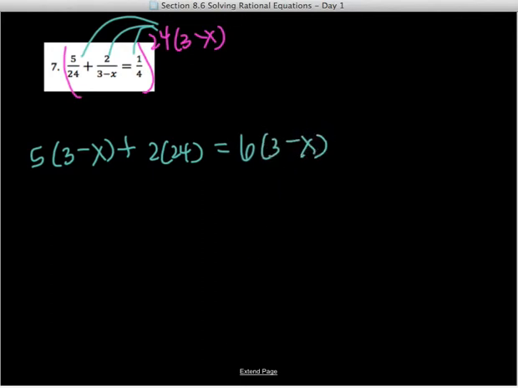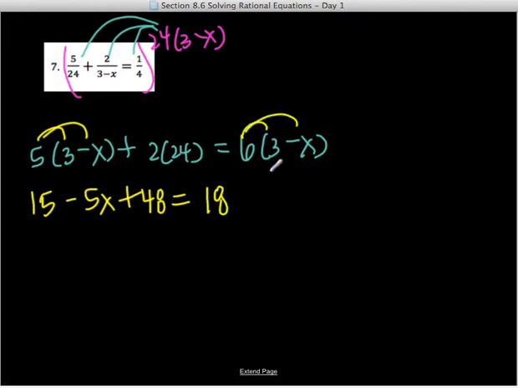Now I'm going to go ahead and distribute. So I have 15 minus 5x. 2 times 24 is 48, so plus 48, is equal to 6 times 3, so 18 minus 6x.